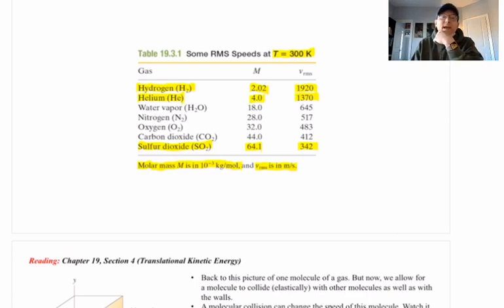It turns out that an Earth-sized planet, so Earth, Mars, Venus, and so forth, with its gravitational field strength, is not able to keep most of the hydrogen and helium atoms that might have been initially in its atmosphere. So you're not going to find a huge amount of hydrogen and helium gas in Earth's atmosphere. Look how fast they're going, that's the point.